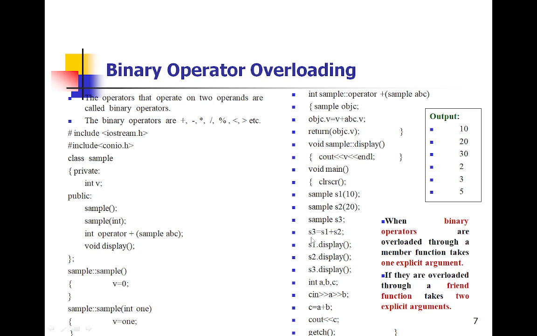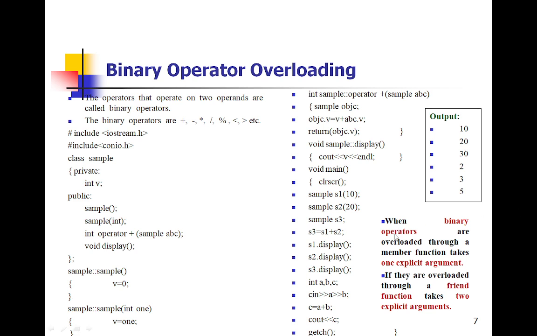Then the value will be stored in the object S3, and then we are going to display S3. The simple logic behind that is, instead of adding the two operands straightly, we are going to pass the object as an argument to the operator and then perform the addition. Yeah, so that's the important point.